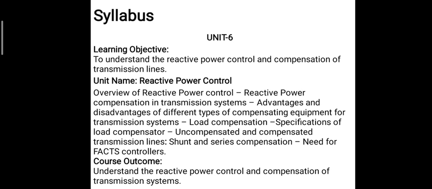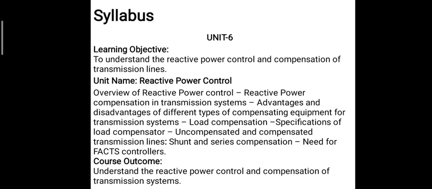These all come under reactive power control, that is unit 6, and the course outcome is to understand reactive power control, that is how reactive power control can be done, and compensation of transmission systems, how we can compensate these things in transmission systems.